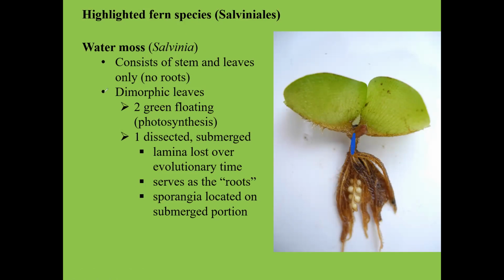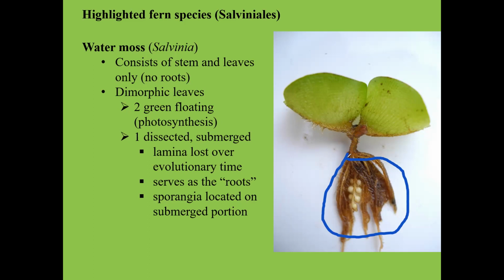And then dimorphism in leaves again, leaf dimorphism, in that you have 2 green floating leaves. So here's one here, here's one here. Those are what's going to do photosynthesis. And then one of the leaves has actually lost its green tissue, or its mesophyll. It's lost that over evolutionary time, and instead you just have the veins of the leaf left over.